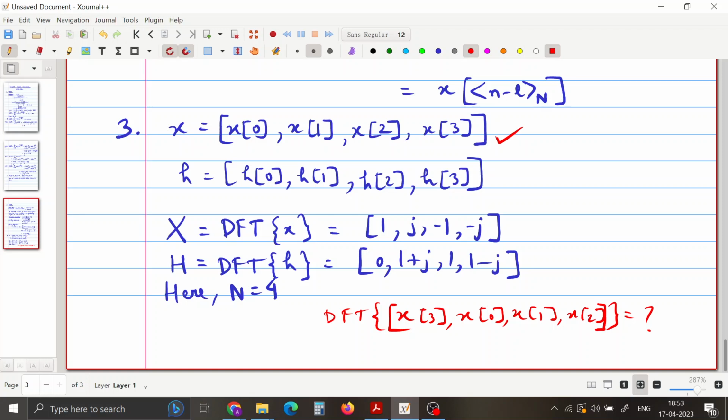So in case you are able to decode that pattern, that's great. You can pause the video also and try to find the relation between these two sequences. What's the pattern?